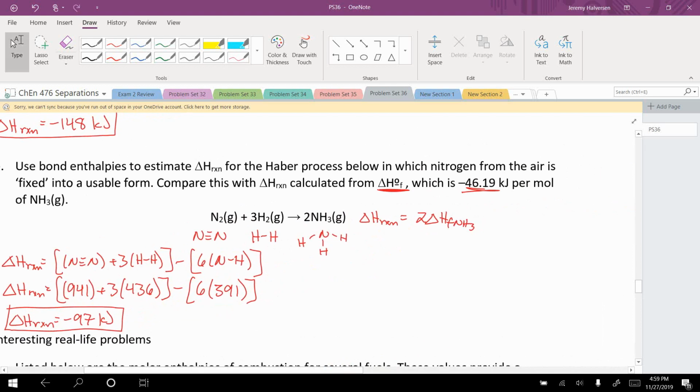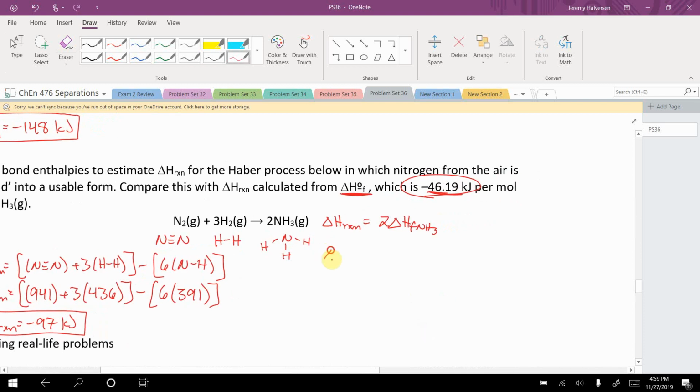Well, based on the delta H of formation, which is -46.19, the delta H of this reaction should be 2 times -46.19, which is -92.38. Yep. And we got -97.